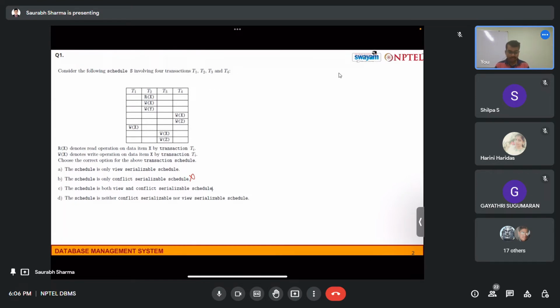We will create a graph based upon the timeline, and from that graph we will check if there is a cycle or any self loop. If it is not there, then it is conflict serializable. If it is there, then we have to check for view serializability.